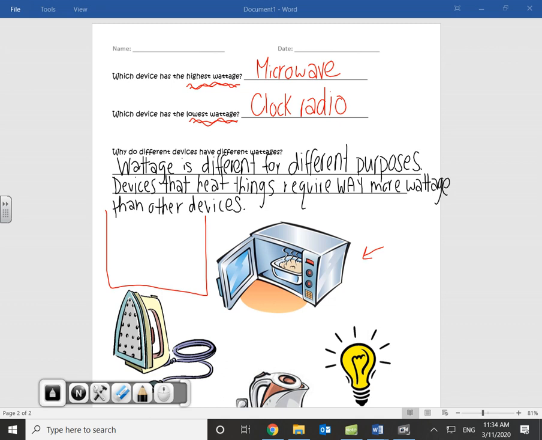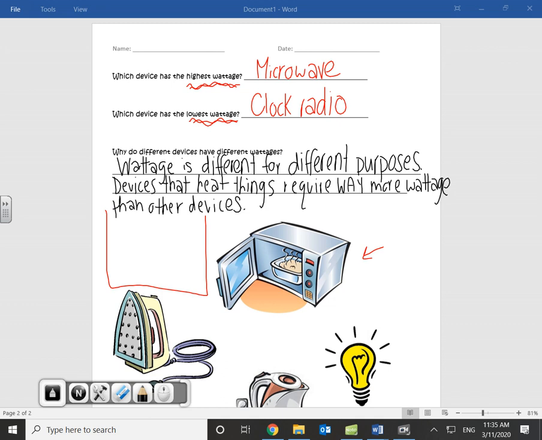So something else to reflect on after this lab. So basically we've discovered what watts are, and it's energy used by electrical appliances. But we know that we like to look at the kilowatts, which is divided by 1,000. And then in order to find out how much energy is used by an appliance, all you do is the kilowatts times the amount of hours or half hours that it was used, and you can find out how much energy was actually used.